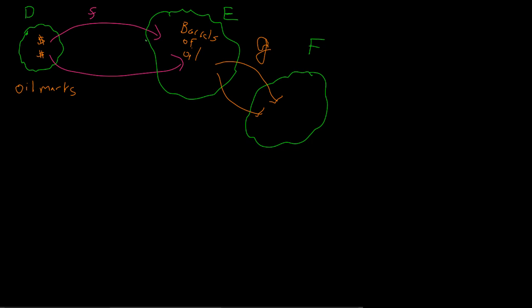This function F here is complicated, because it deals with every populated country in the world's oil production and oil use, and it drives the price. So working on this function alone is entire people's careers.